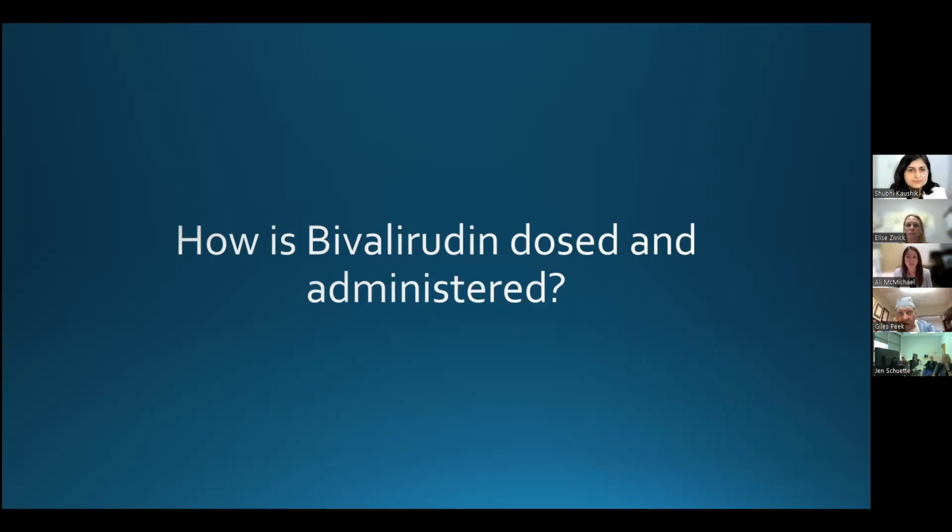So we pragmatically try to simplify our regime. Our starting dose is always either 0.03 or 0.05, but we don't expect to see much of a bump in the PTT with that. So it does give you a slow onset of your anticoagulation, and you're absolutely right, the dose that you're going to end up on is 0.3, something like that. So I completely understand where you're coming from, and agree with you.